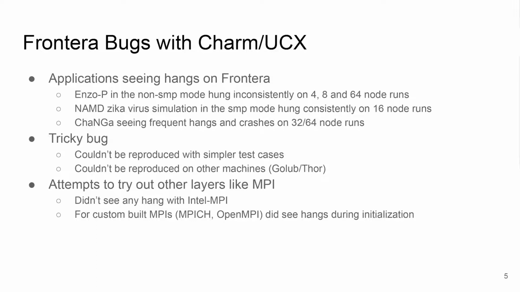We also tried other layers like MPI, since we have an MPI port on which Charm++ can be installed. We did not see any hang with Intel MPI, but for some of the custom built MPIs like MPICH and OpenMPI, we did see some hangs.